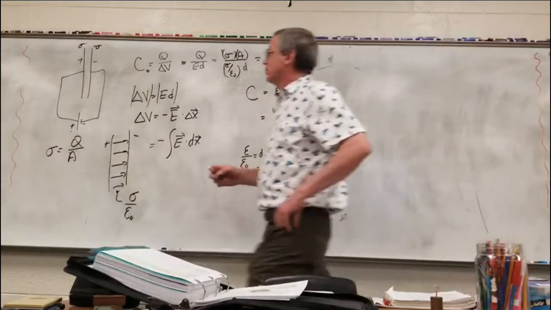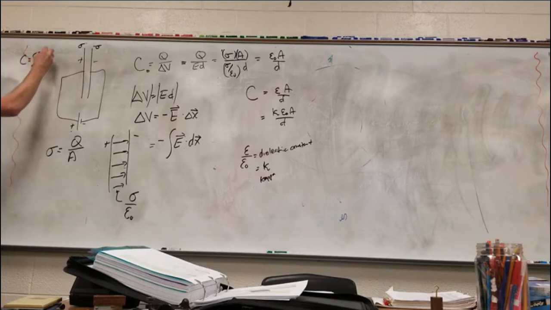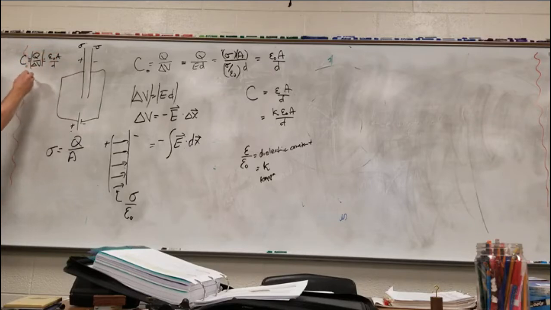So I'm going to write over here sort of the equations that we have involved here. So C is equal to Q over delta V, and if a parallel plate, C is equal to epsilon sub naught A over d, or C is equal to kappa epsilon sub naught A over d.